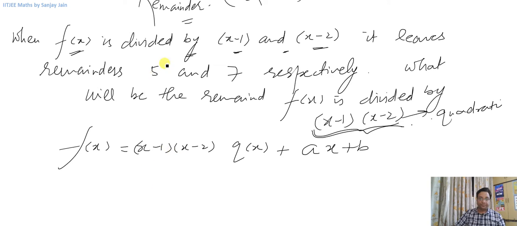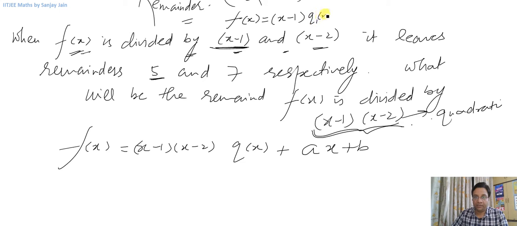Now when f of x is divided by x minus 1, it leaves remainder 5. Okay, what does it mean? I write this using Euclid's division algorithm, that f of x, when it is divided by x minus 1, will leave some quotient, and the remainder it says is 5.